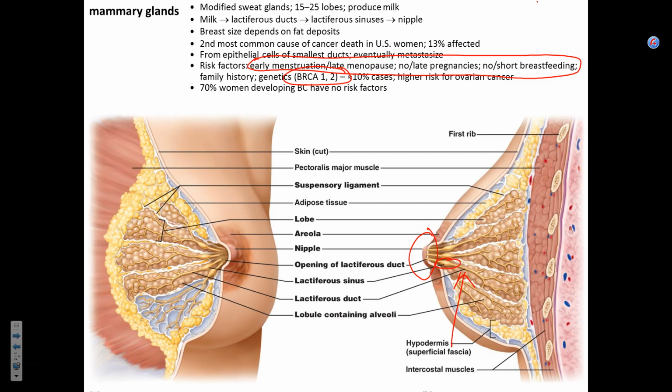So a lot of it is self-diagnosis, being proactive. So yeah, first and second stage would probably be treatable.